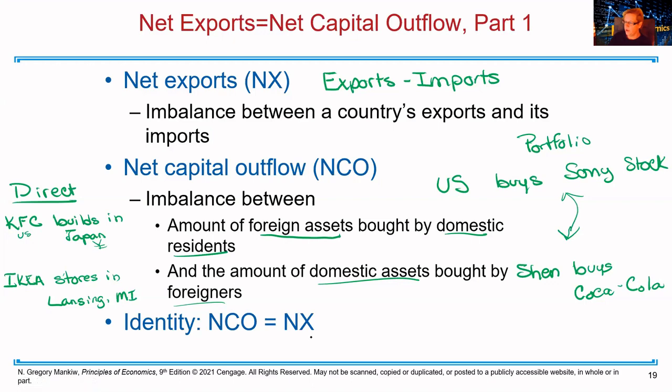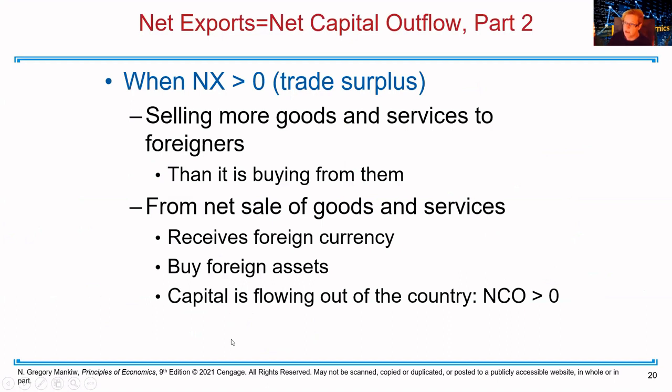Remember, very important, net capital outflow always equals net exports. Okay, so when net exports are positive, that means we have a trade surplus. What does that mean? We're selling more goods to foreigners, right? From the net sale of goods and services, they receive foreign currency, they buy foreign assets, so capital is flowing out of the country.